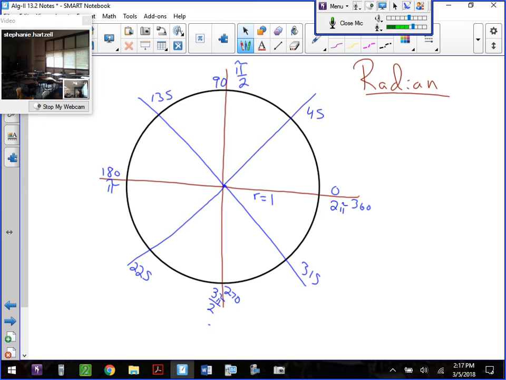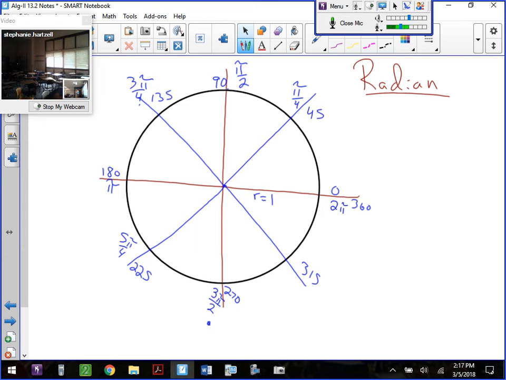Now, what's half of a half? A fourth. So if 90 is at pi over 2, 45 would be at pi over 4. So as you break this down, we went from 0, 1/4, 2/4, 3/4, 4/4 is my whole. This is 5/4. 6/4 is here at the 3 pi over 2 because it simplifies.